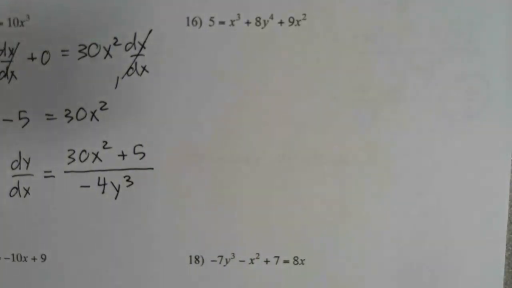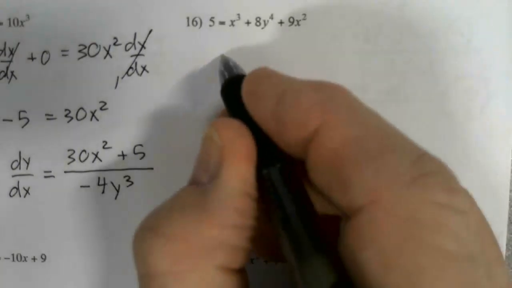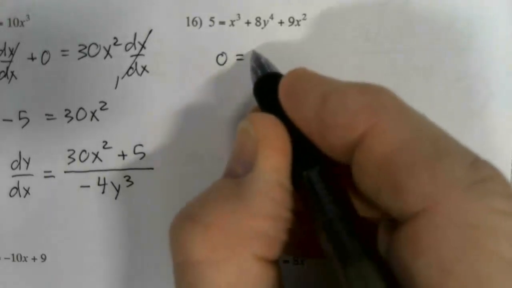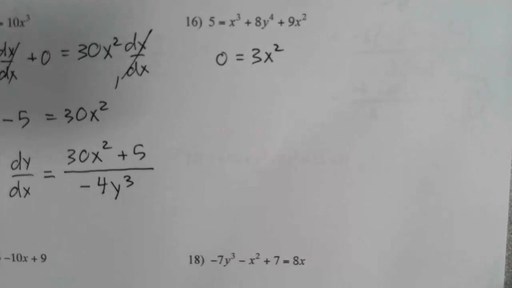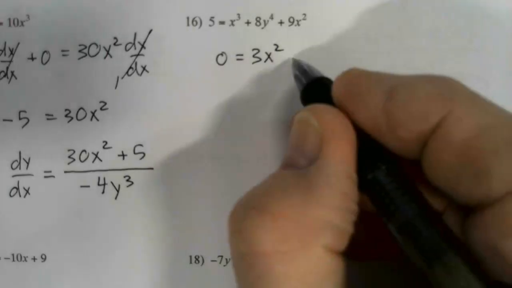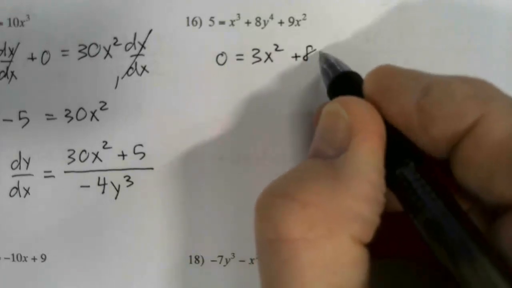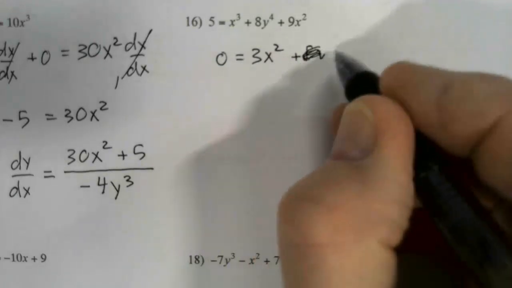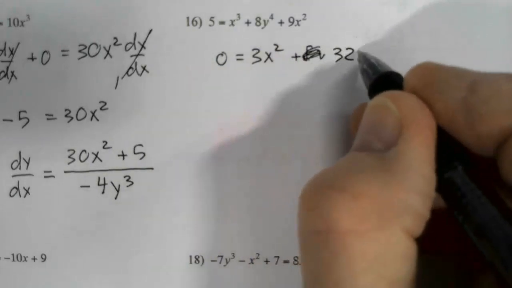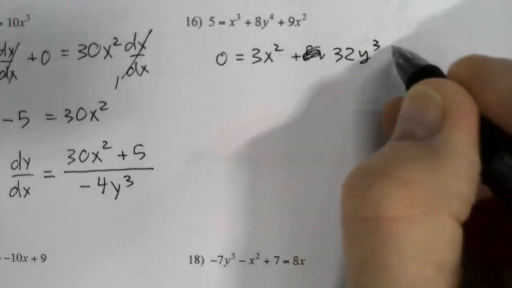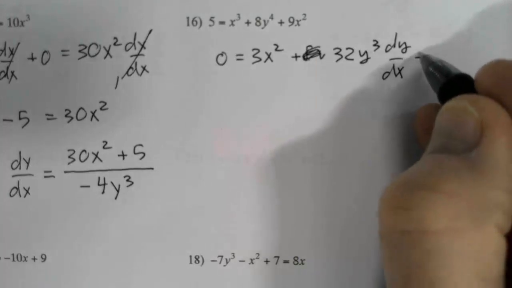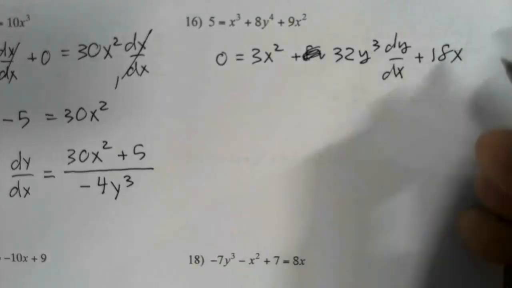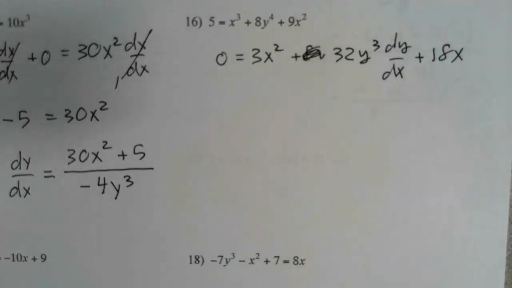So we're going to take the derivative term by term. So the 5 becomes a 0. This becomes 3x squared. I will not write dx/dx because that's going to turn into 1. Plus 8, plus 32y to the third dy/dx plus 18x, and I'm not going to write dx/dx because that turns into 1.